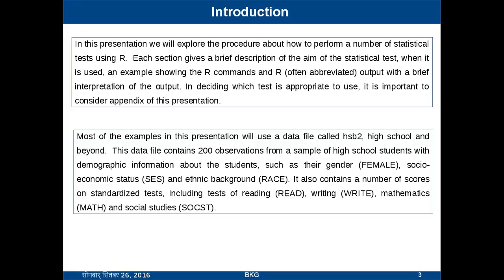Now most of the examples in this presentation will be conducted using a data file called HSB2, that means high school and beyond. This data file contains 200 observations from a sample of high school students with demographic information about the students such as gender, which is written as female, socioeconomic status, SES, and ethnic group, that is race.